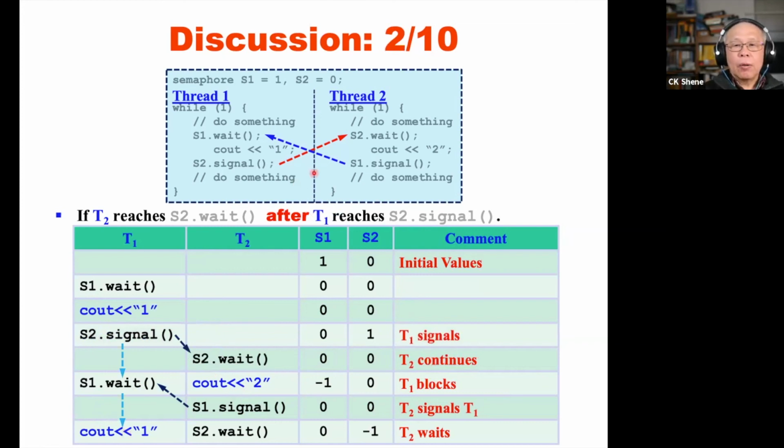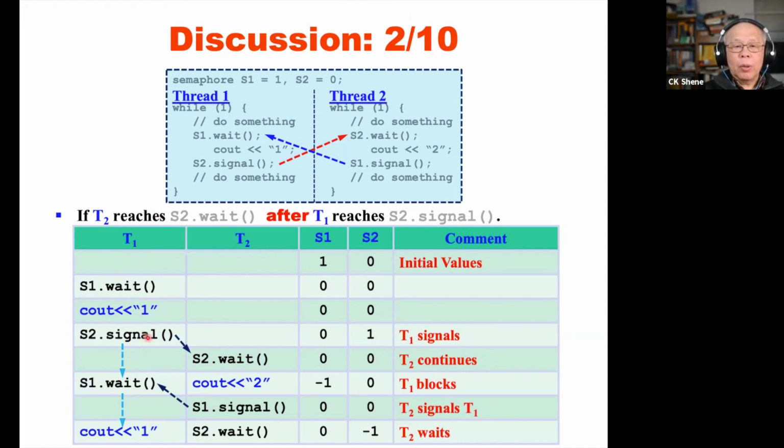That is, thread 2 reaches this wait after T1 reaches S2 dot signal. In this case, thread 1 executes wait here and prints out 1, and then signals S2.